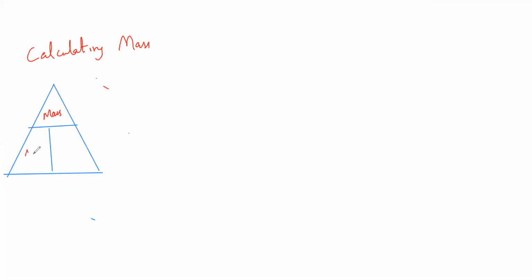And this will be our number of moles, and this will be my formula mass. So mass is equal to number of moles into formula mass. That's it. MR or AR or whatever we can take.